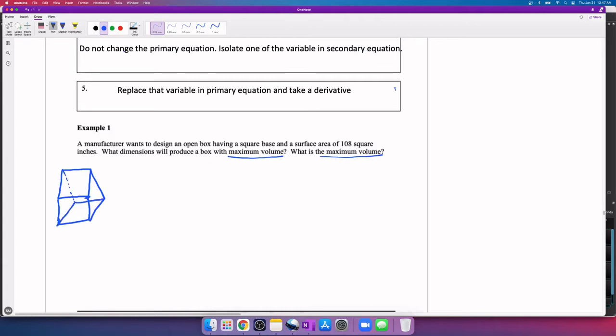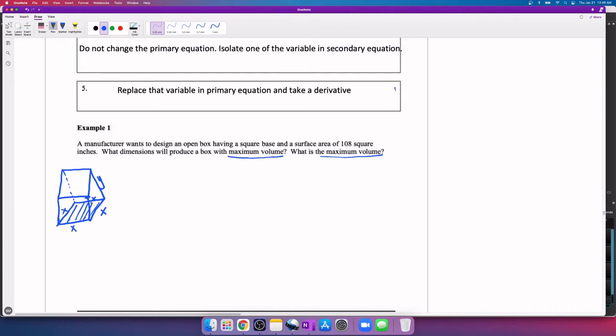They said a manufacturer wants to design an open box, so the top portion is completely open, having a square base. This is the base, and that's square. Square means all the sides are the same. So this is x, that's x, this is also x, and that one is also x. In a surface area of 108 square inches, what dimension? Oh, this is actually the y, the height. What dimensions will produce a box with the maximum volume?